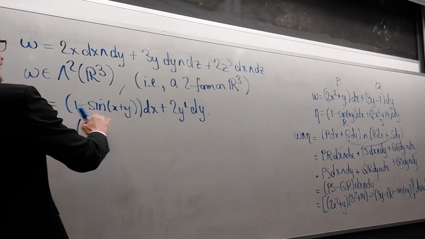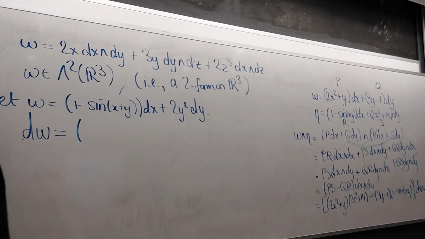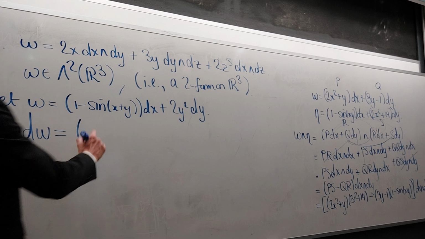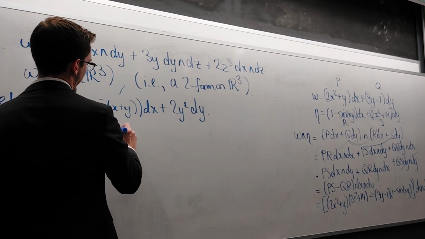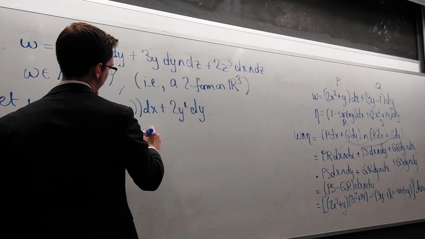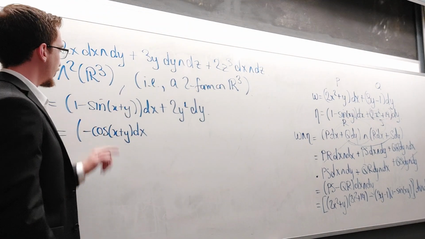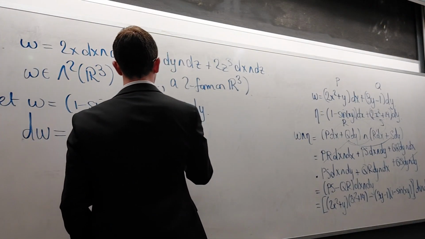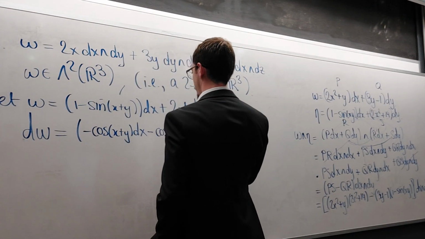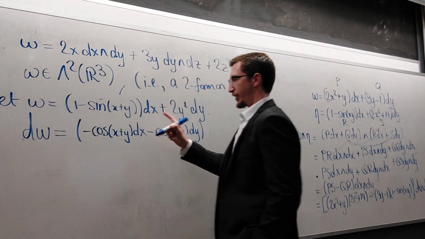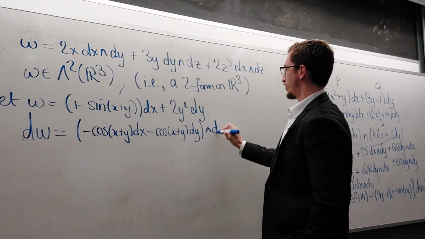What do I get? Well, if I differentiate with respect to x, I will get minus cosine(x plus y) dx. If I differentiate with respect to y, I get a similar thing. But then, because I have a dx here, I have to wedge with dx.